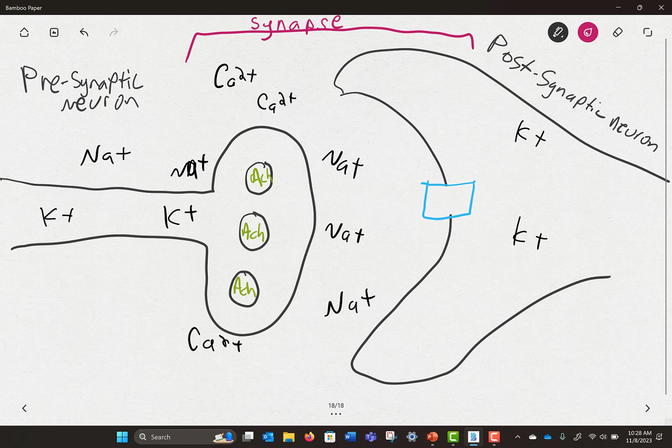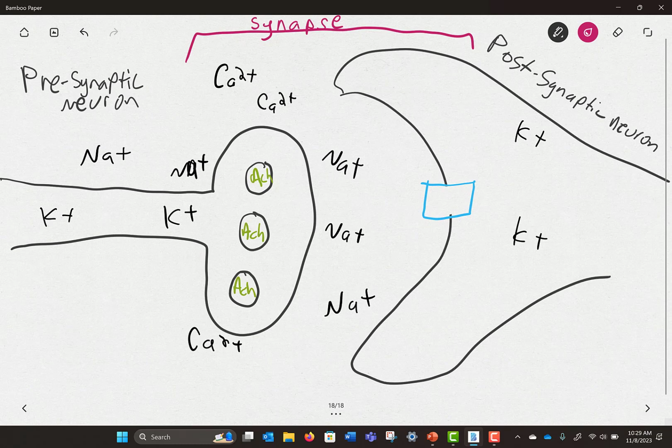Well, then on the other side, this is another neuron. And this area right in here, we're going to call it a dendrite. Remember, dendrites are the receiving parts of the cell. This could also be a soma, a cell body. It would behave exactly the same. I'm just going to refer to it as a dendrite.